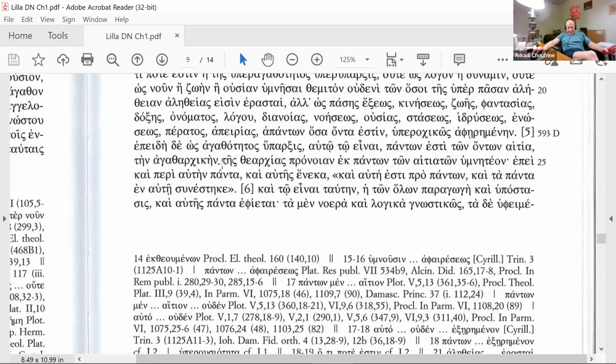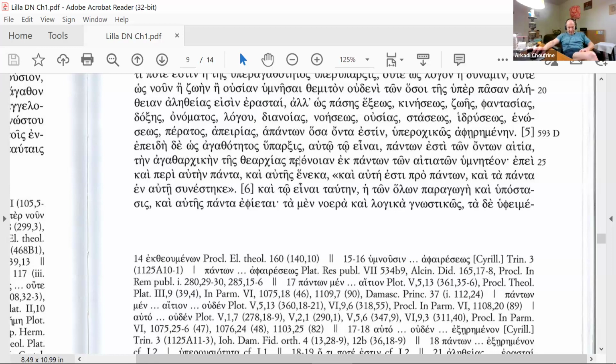So Thearchia is beyond everything, but Pronoian, providence, is so there's archi, which is part of both words, agatharchikin and thearchias, but this archi in agatharchikin is kind of lower level.